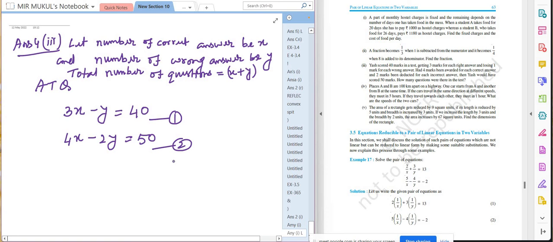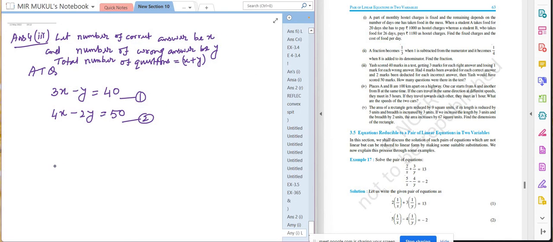Which method will be better here? I think here also the elimination method will be best. So we can multiply the first equation by 4. Sir, we can multiply it by 2 also, no? Then y will be the same.